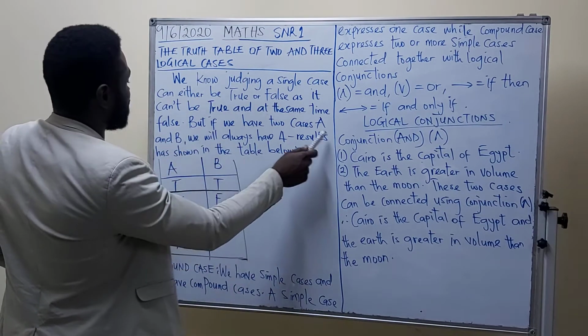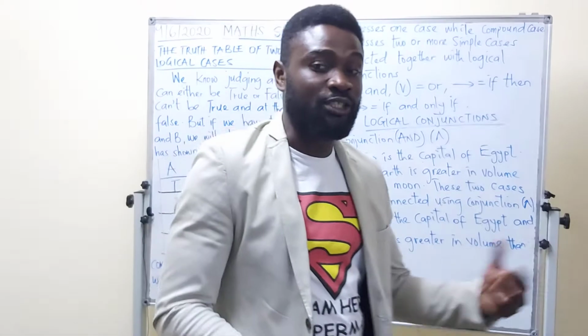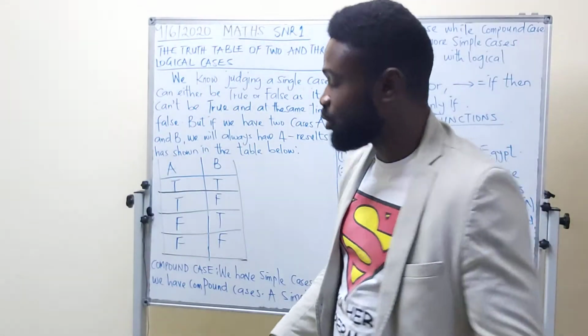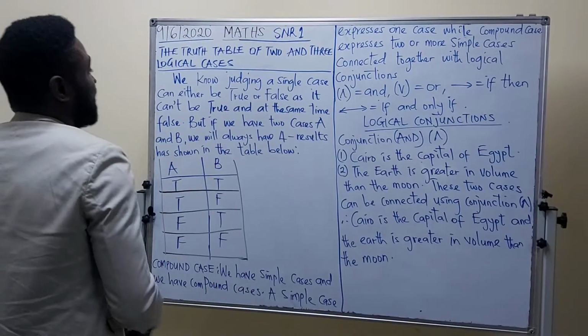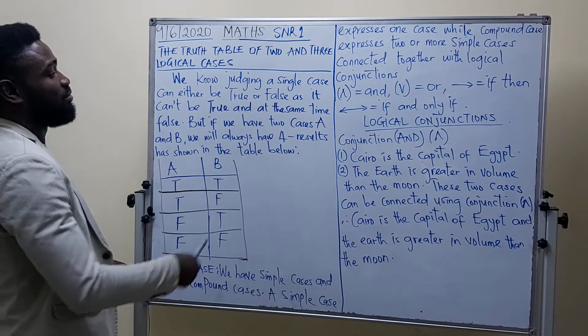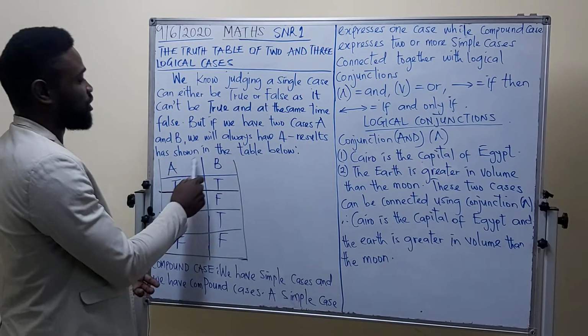But if we have two cases, A and B, don't forget that in the previous classes I told you cases are represented by numbers, alphabets, and so on. Here we are representing them with A and B. We will always have 4 results as shown in the table below.